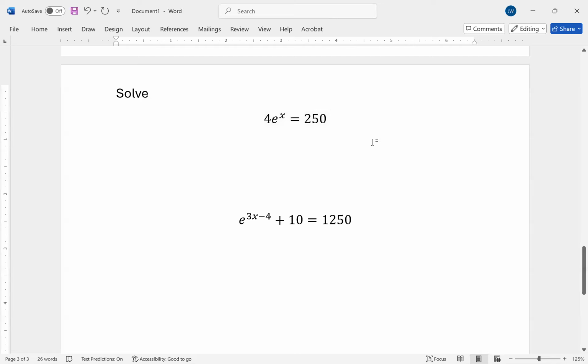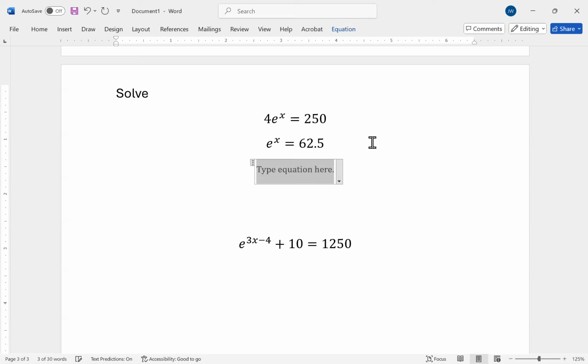All right, in this first case, since I have a coefficient on e to the x, I would get rid of that first. So I would divide both sides by 4. That would give me e to the x on the left-hand side, and 62.5 on the right-hand side. Now, if I apply a logarithm to the left and right, I can use the power rule.